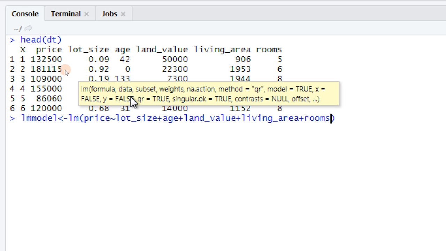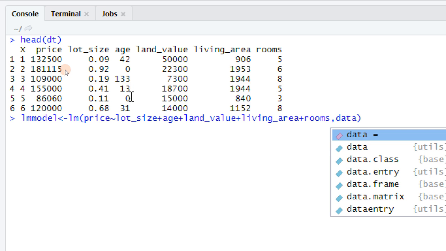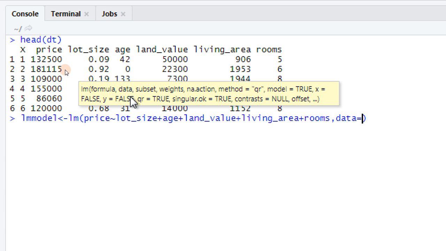This is the function, and it will take another parameter also, right? Data is equal to, so what is the data? The data is available in the dt variable, which is the data frame. From that dt we are constructing this formula using the linear model. So we will print this.